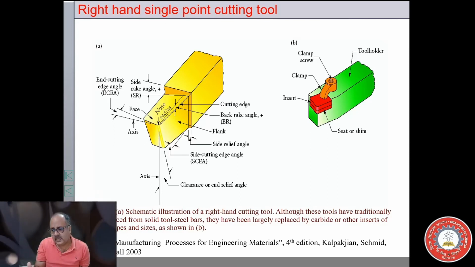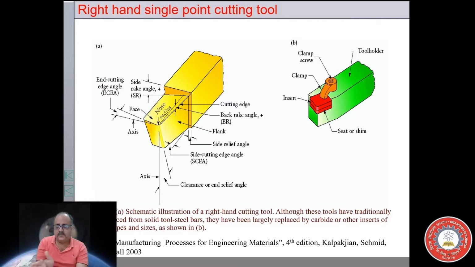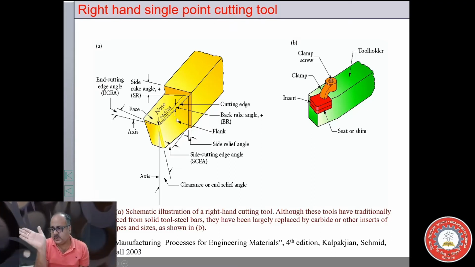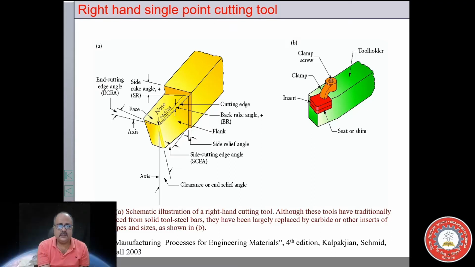So what happens as the tool moves forward, it prevents this edge from rubbing against the machined surface. And this side is also inclined in this direction. That is called the side relief angle.